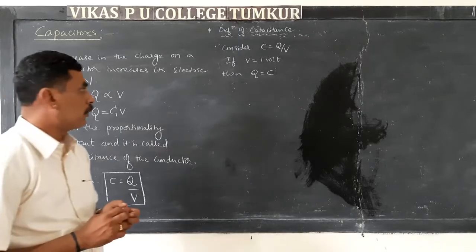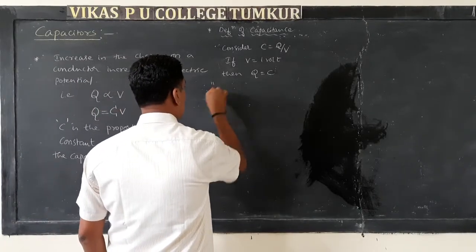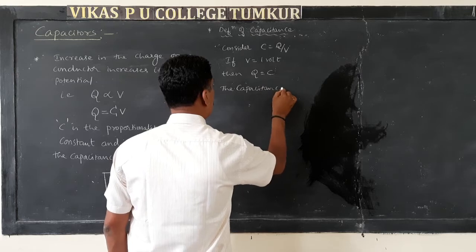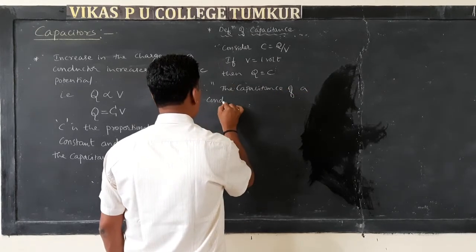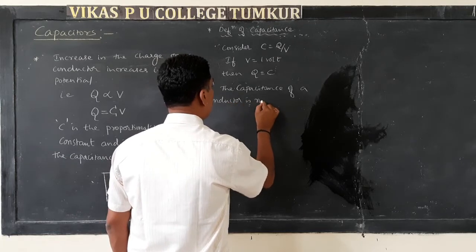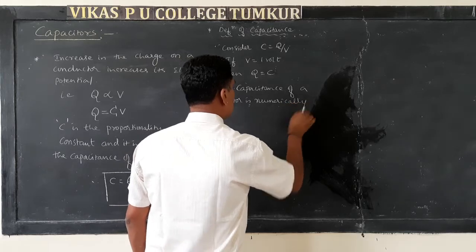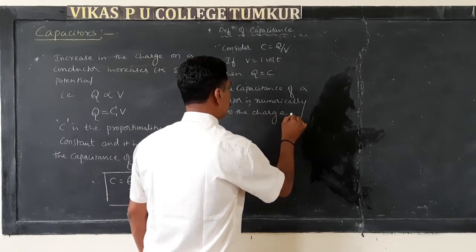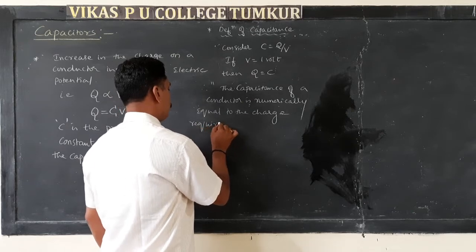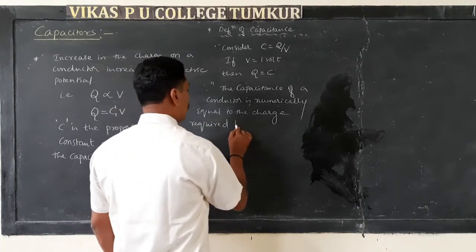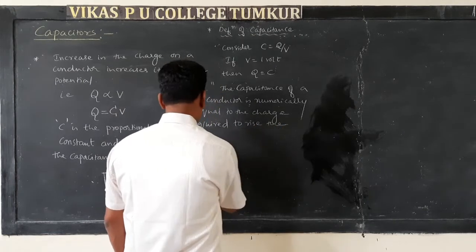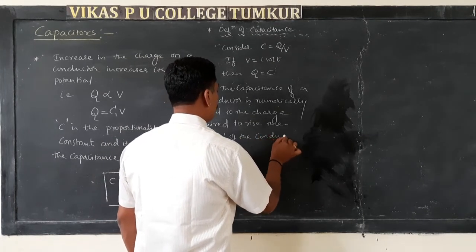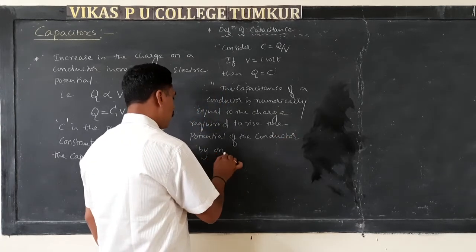Therefore, in inverted commas: the capacitance of a conductor is numerically equal to the charge required, or you can even write charge needed, to raise the potential of the conductor by 1 volt.